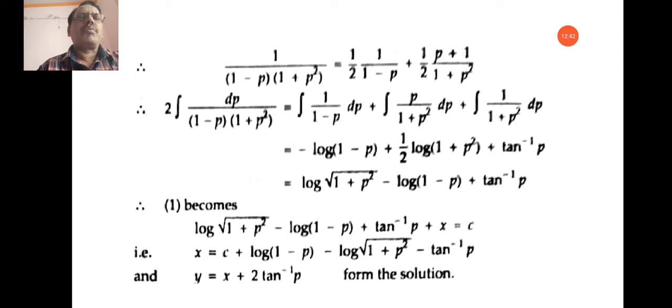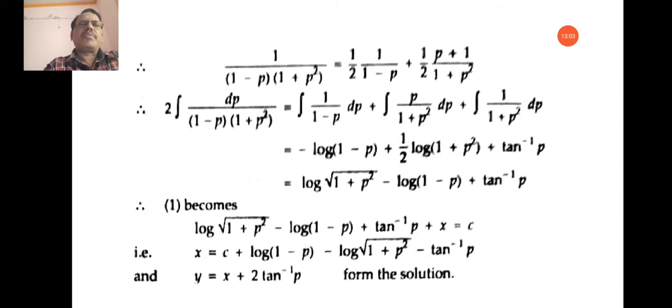So for the three terms, one is a logarithm, another is also a logarithm, and the third is tan inverse of p. So this is log of root of 1 plus p square minus log of 1 minus p plus tan inverse of p.